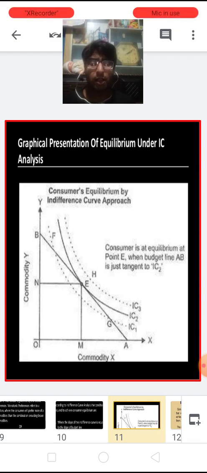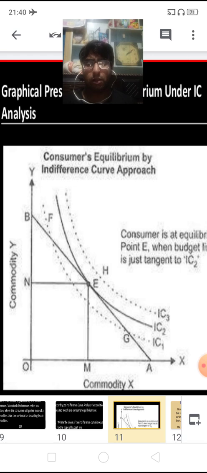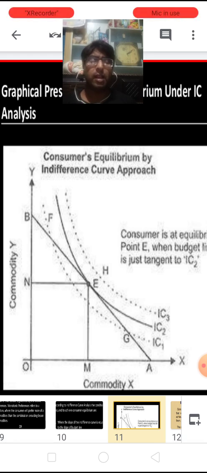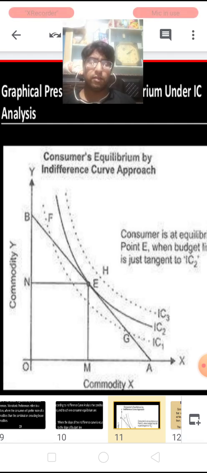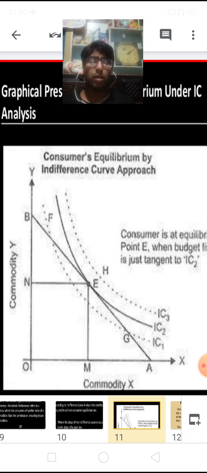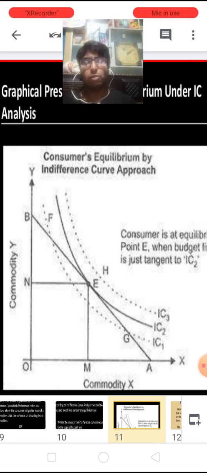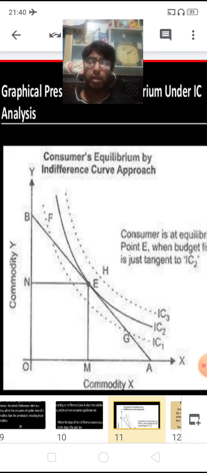Now here in this diagram, just see, the points F and G. These two combinations lie on an indifference curve as well as on the budget line. I mean these F and G combinations lie first on an indifference curve, which gives the same level of satisfaction to the consumer, and both these combinations also lie on the budget line, which shows that both are affordable combinations for the consumer, which a consumer can avail with his given money income.